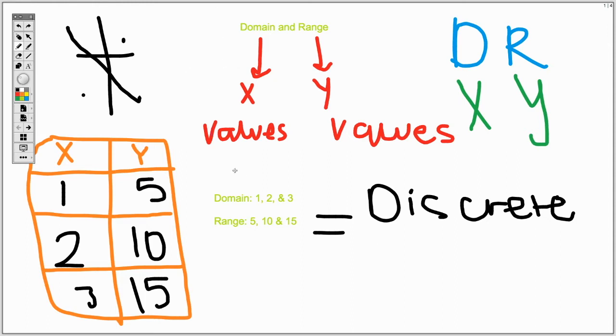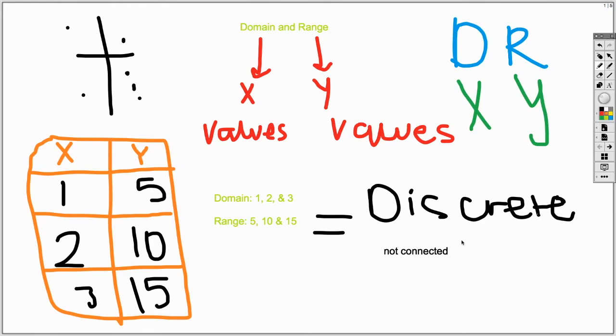They are far off from each other, right? They're not connected. Yes, they're near maybe each other, more near here, but they're still not connected. So the discrete domain and range is not connected.